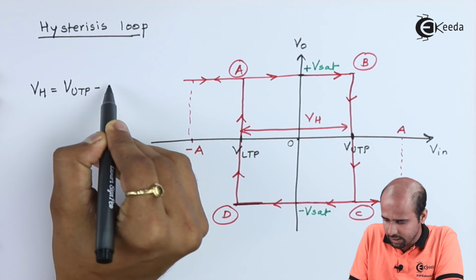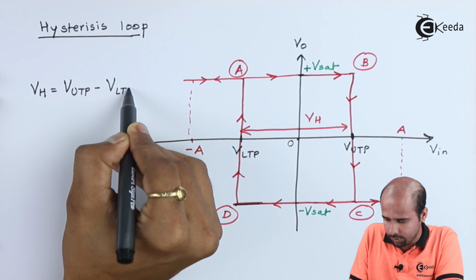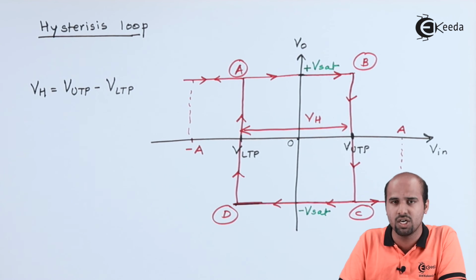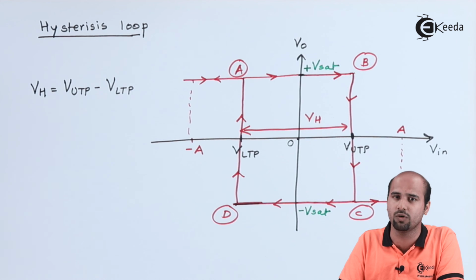VUTP minus VLTP. Although VLTP is a negative value, if Vsat is a constant, same for both the positive side and the negative side, this will become twice of VUTP if VUTP is the same as that of VLTP as far as the modulus is concerned.